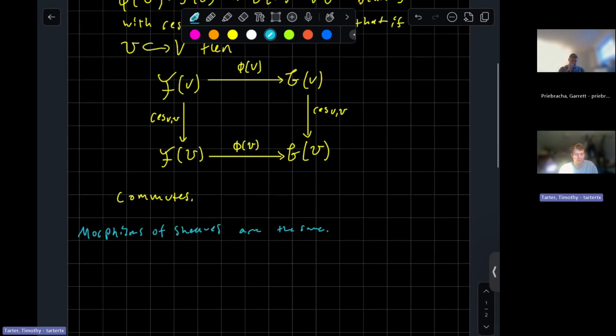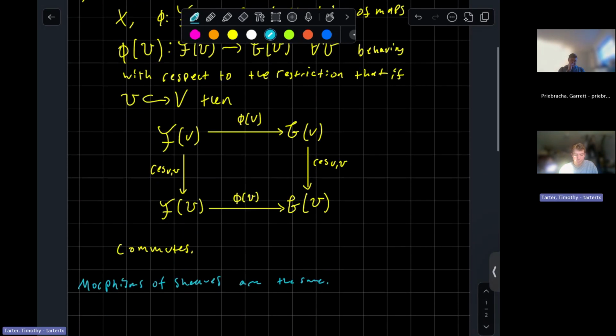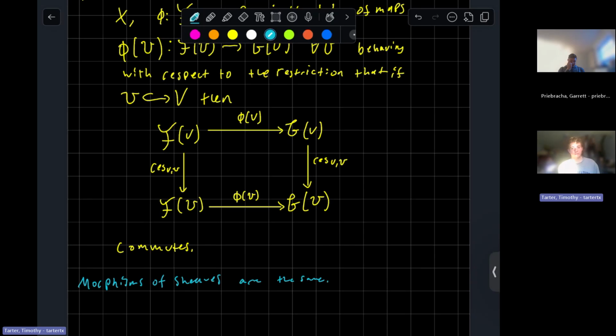So the only real data that we include at that point is the gluing, but it doesn't change any of the underlying structure. And so it just ends up being a full subcategory.